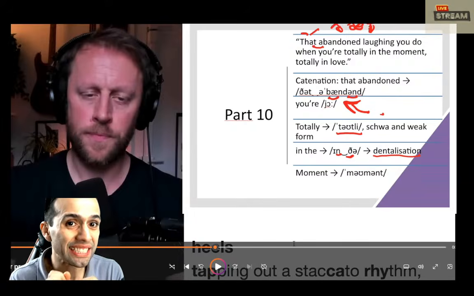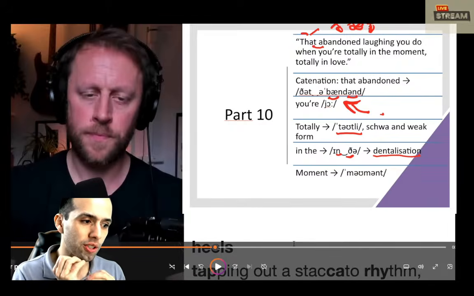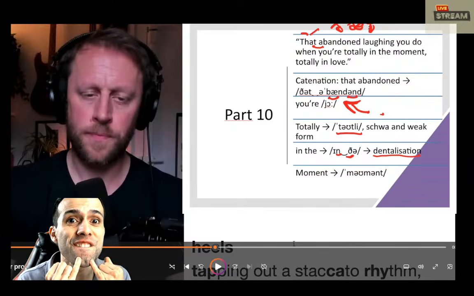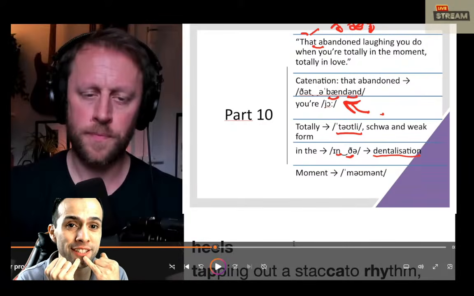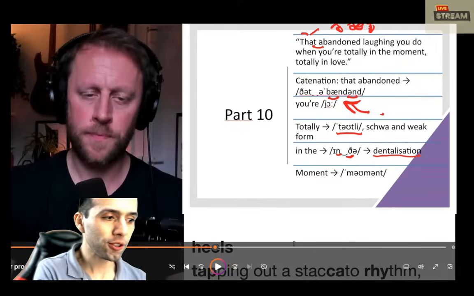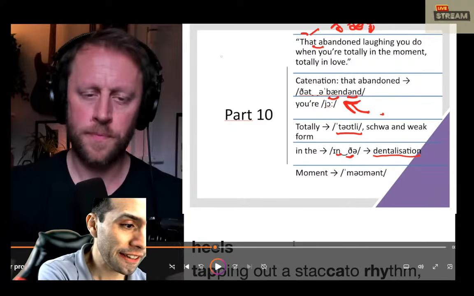That's it. So labiodental is when you produce a consonant with the lips and the teeth like this. That's labiodental.